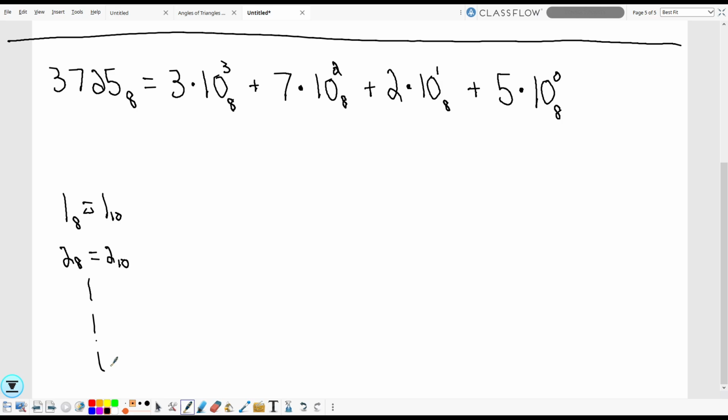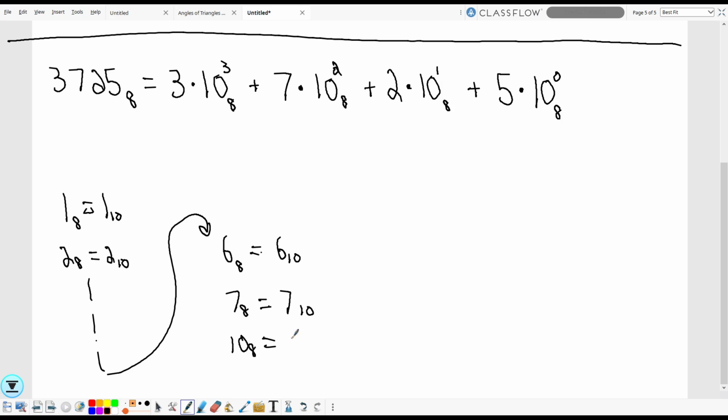And we would keep going like that all the way until we get to 6 in base 8 is still equal to 6 in base 10. And 7 in base 8 is equal to 7 in base 10. But then, once we go past 7, we jump to 10 in base 8. And 10 in base 8 is equal to 8 in base 10.